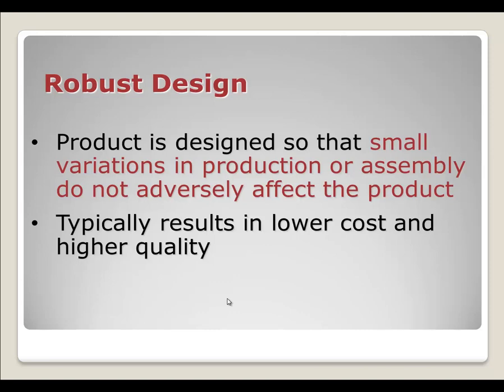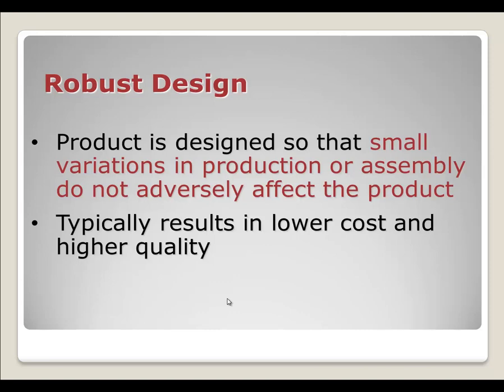So what do we mean by robust design in this situation? Using the different tools and techniques, as we stated in the previous slide, will assist in designing a product in a way that has small variation in production or assembly, which does not adversely affect the product itself.